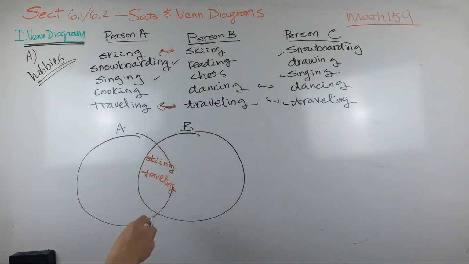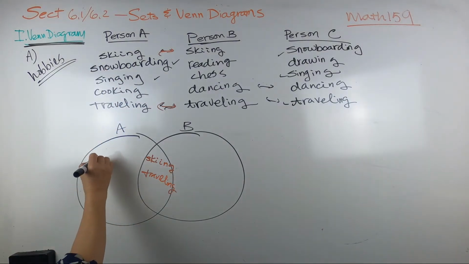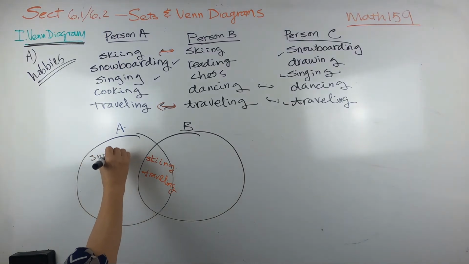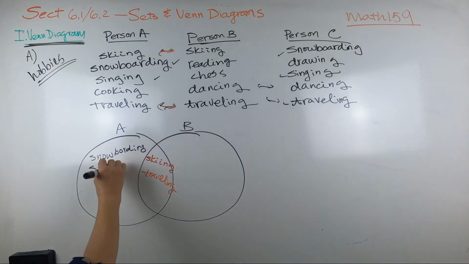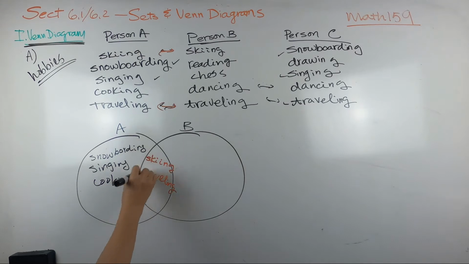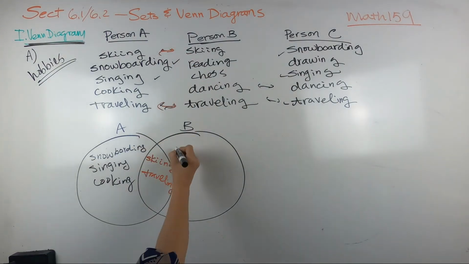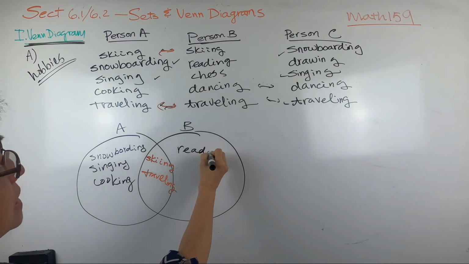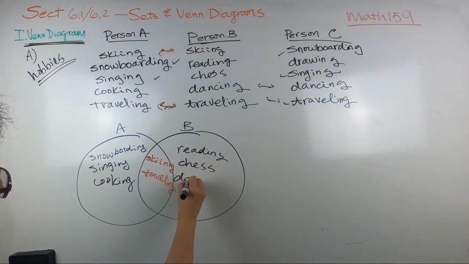But person A has more habits: snowboarding, singing and cooking, which person B doesn't have. For person B, she does reading, chess, and dancing.